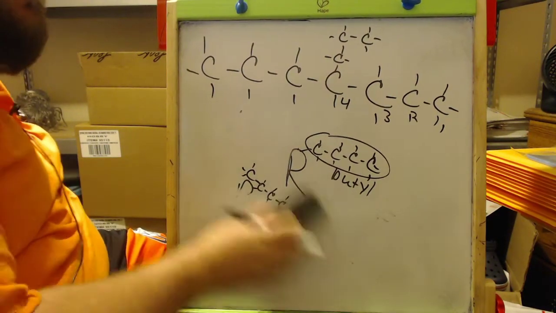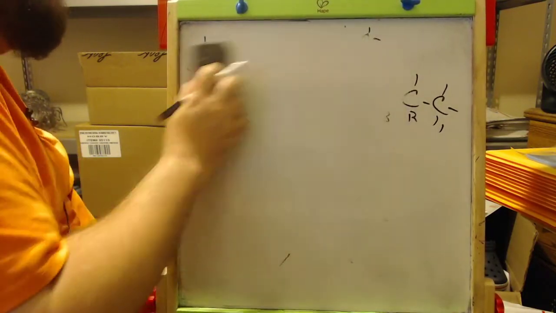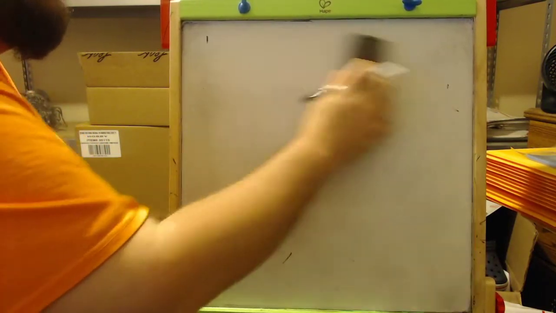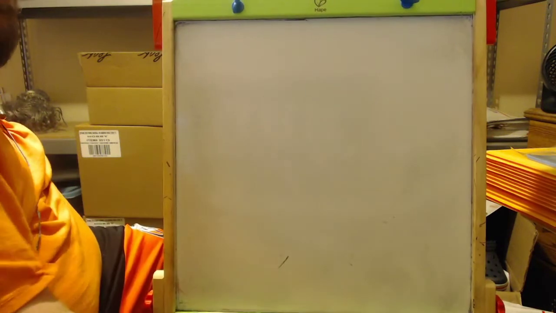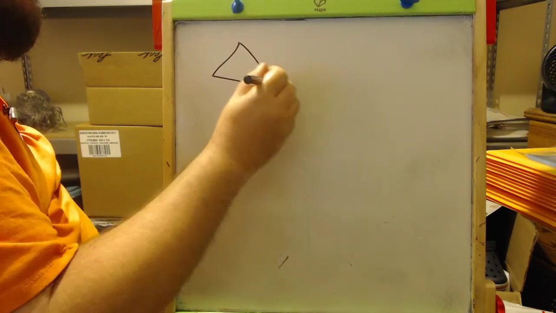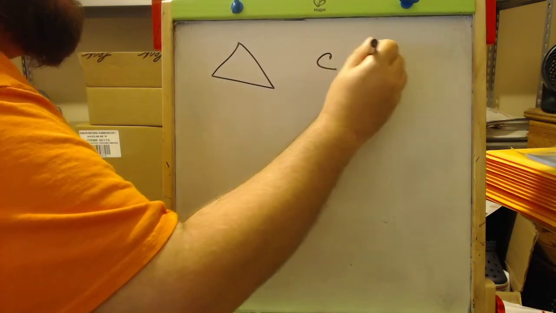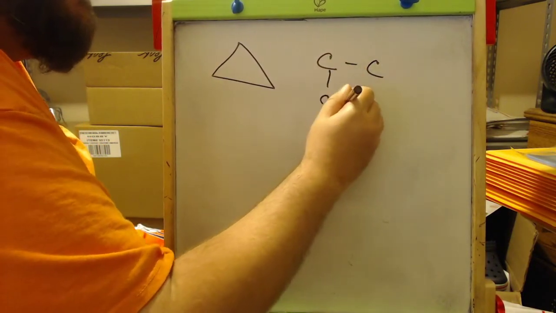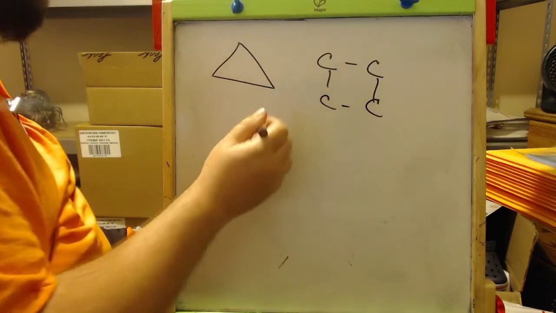All right. So that was one more topic I wanted to talk about. And the last one I want to talk about that deals with hydrocarbons is if they make a cyclic structure.